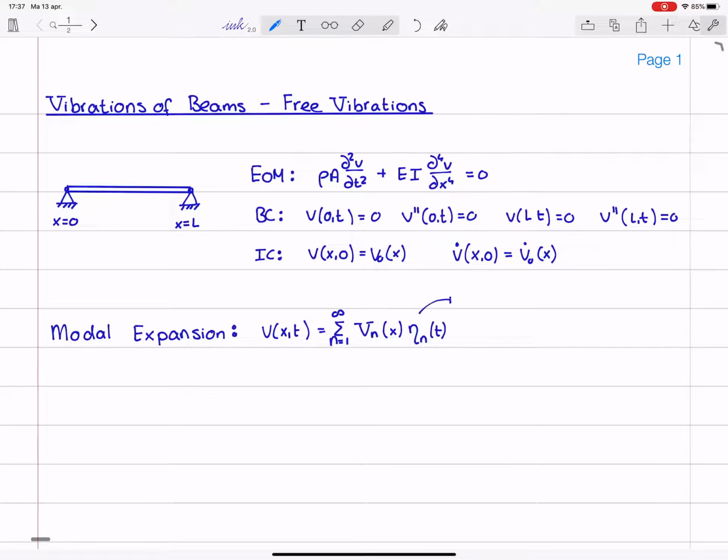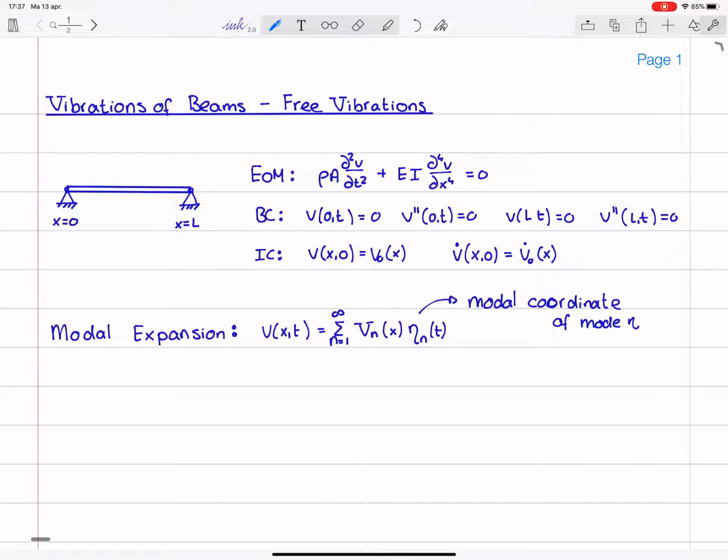And this eta n is the modal coordinate of mode n. This describes the behavior in time of the corresponding mode.